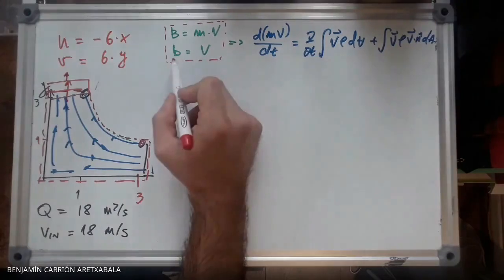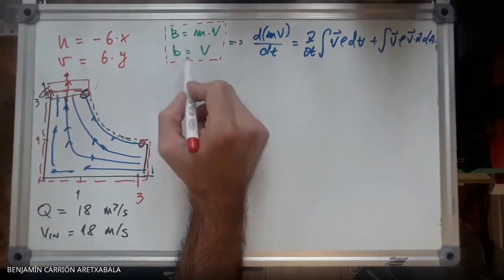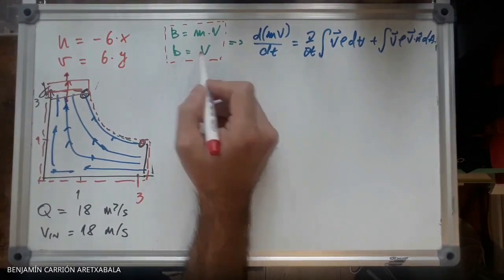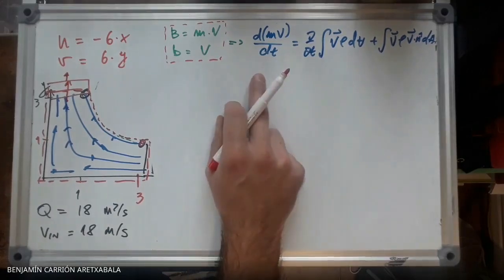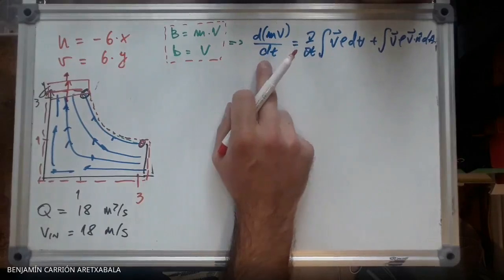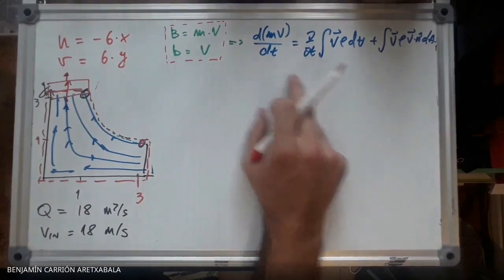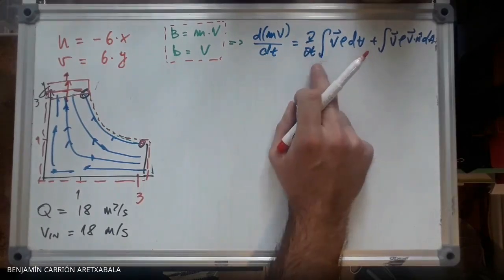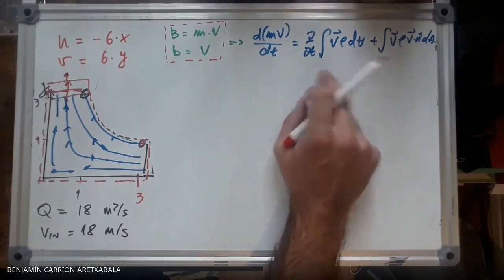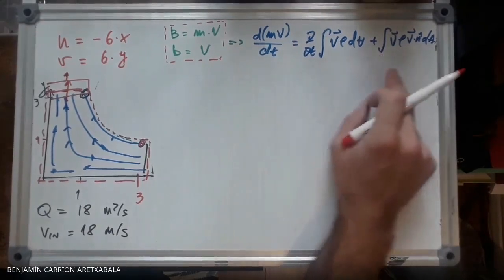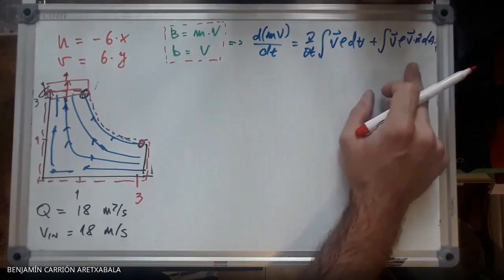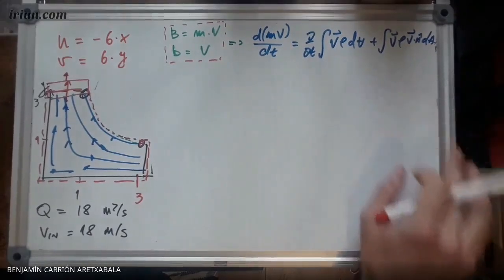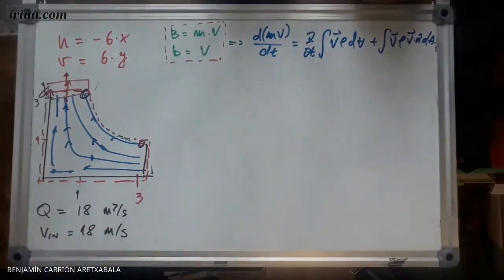And therefore, little b, or the intensive property, is just the velocity. So what the Reynolds transport theorem says is that the total derivative of the linear momentum is going to be equal to the change of momentum inside the control volume plus the net fluxes of momentum through the boundaries of the control volume, right? So the same as before.